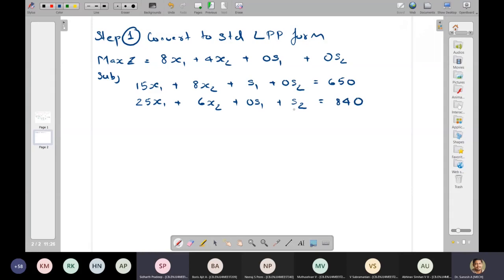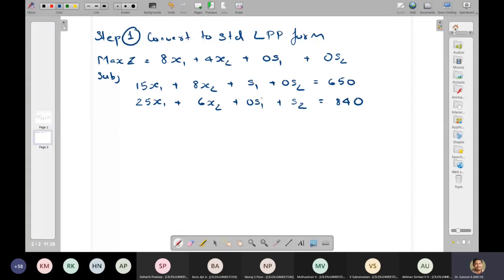So S2 is coming in the second equation. That's why I'm writing here as 0 S2. S1 is not coming, basically its value is 0. That's why we are ignoring it in the second equation. But when you prepare the simplex table, you write the coefficient of S1 as 0.